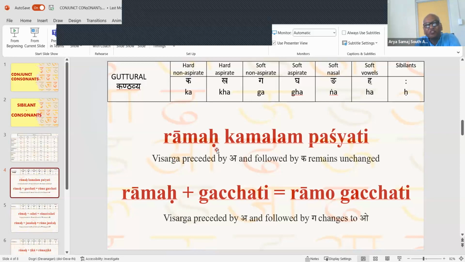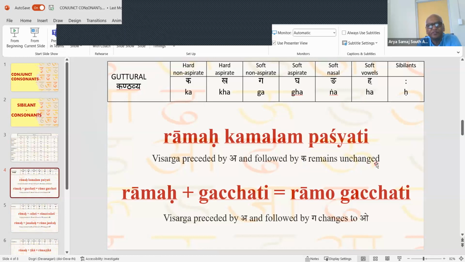So when it is followed by ka or pa, right, it remains unchanged. It's got nothing to do with pa here because the pa is later on, right? So we're looking at the ka. The Visarga is followed by ka, and when followed by ka or kha, it remains unchanged.